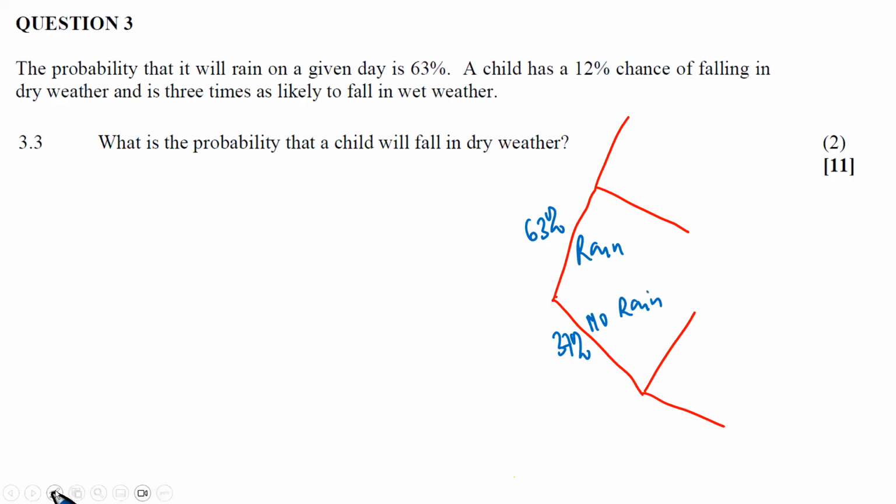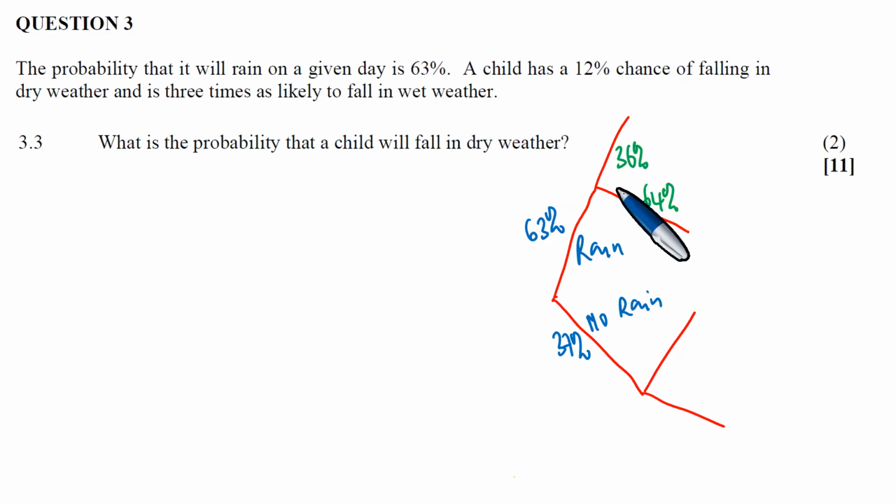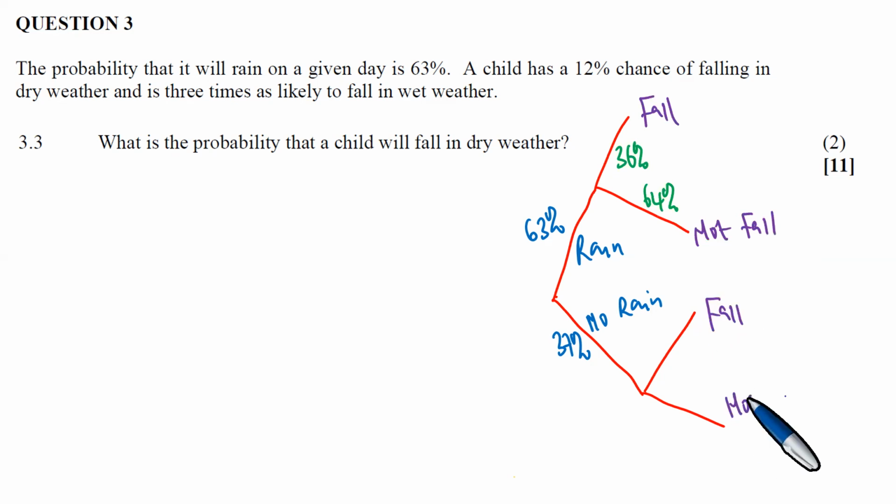Then you can do 36% and 64%. Then obviously either the child falls or does not fall at all.